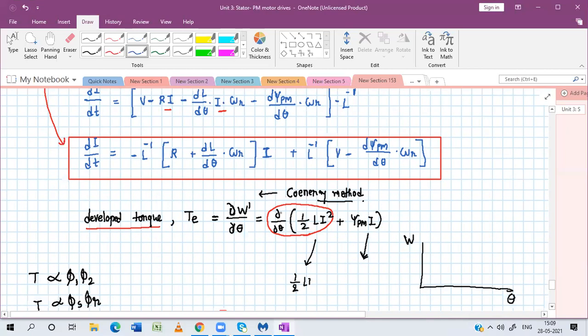One energy is due to the stator current, and the other energy is due to the permanent magnets. So we can say this is d theta of 1 by 2 Li square. This particular term is called the reluctance torque, and the second term is called the reaction torque.